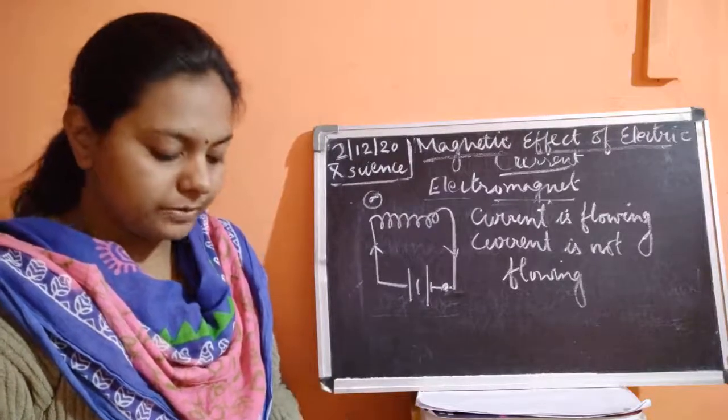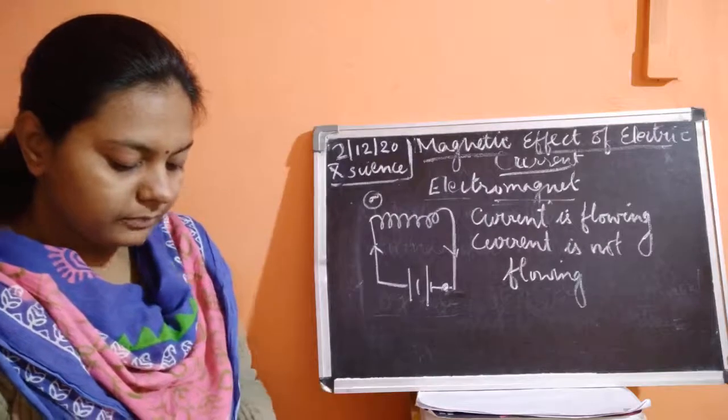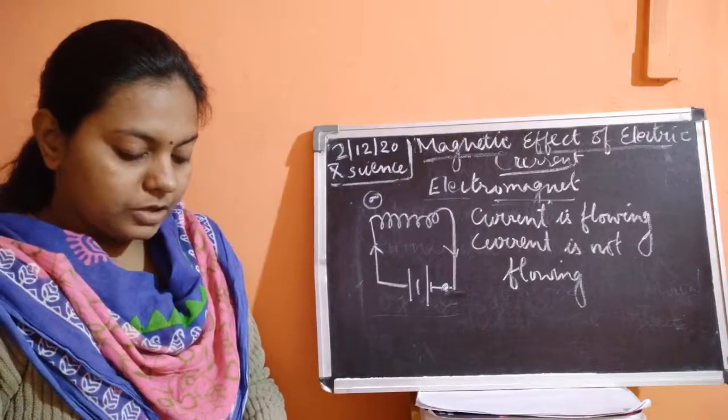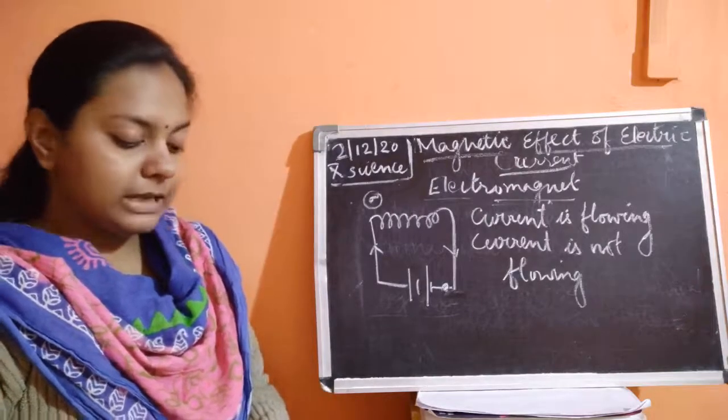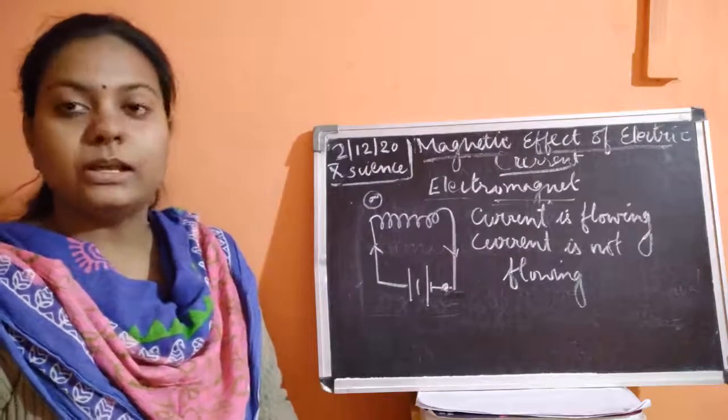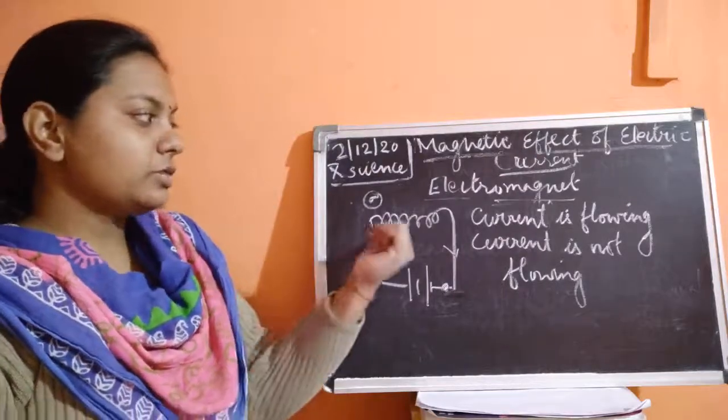Now, how do we make electromagnets? We can make an electromagnet with the help of a structure called a solenoid.